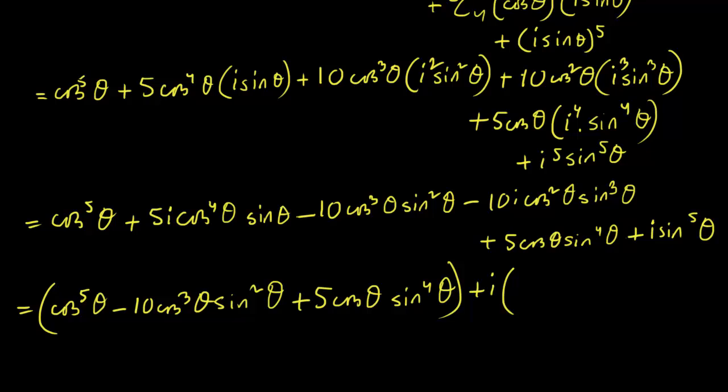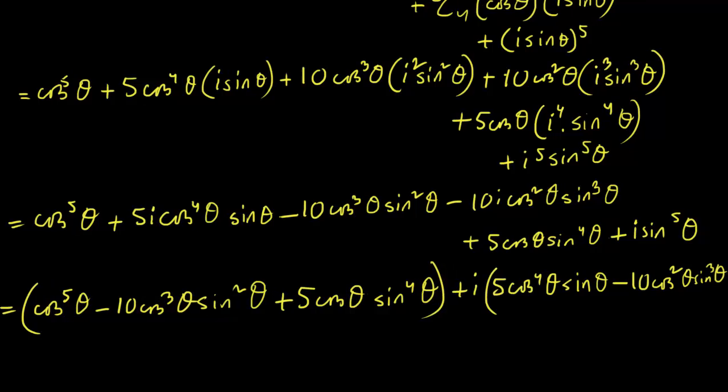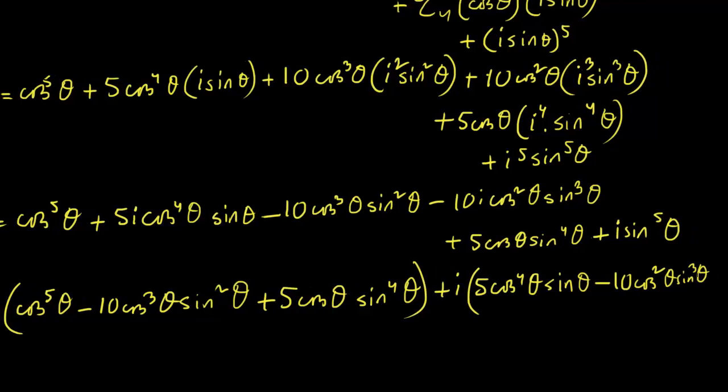Now plus, if we take i common, it turns out to be 5 cos to the power 4 θ sin θ minus 10 cos squared θ sin cubed θ and plus sin to the power 5 θ. So we got the real part and the imaginary part.